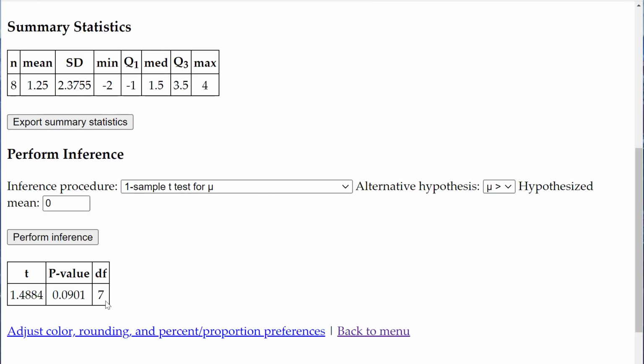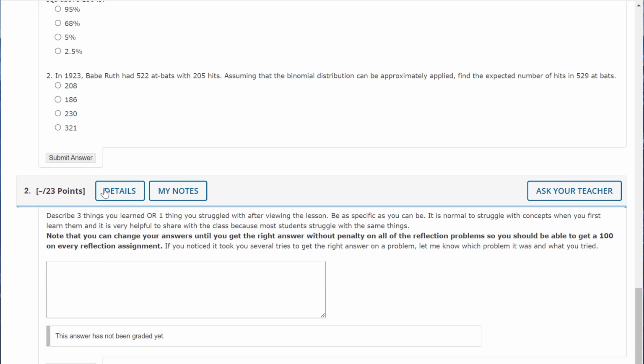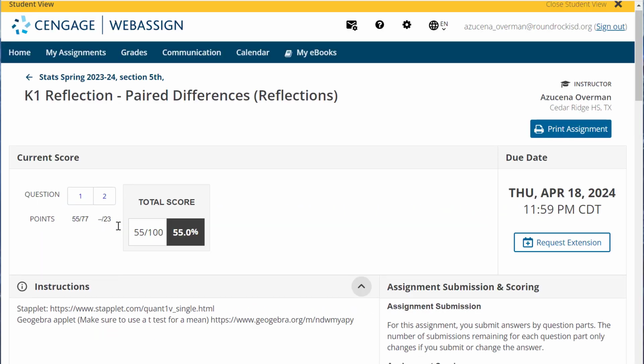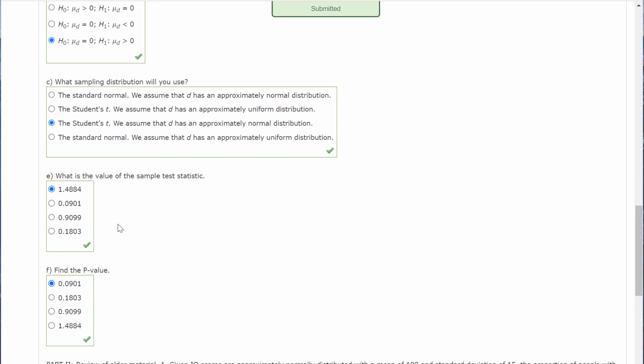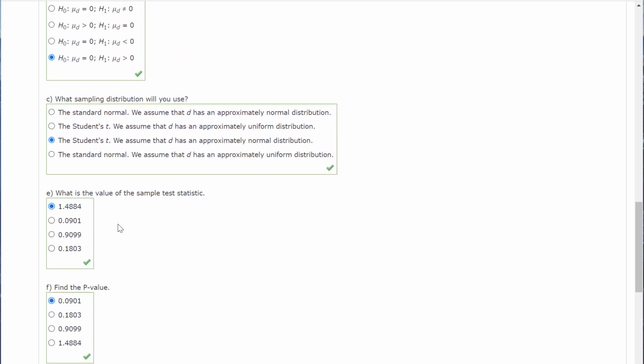Then the p-value is 0.0901. There it is. So let's go ahead and hit submit, make sure. And voila, that's it. If I had to come to a conclusion, I'd say the p-value is not that low, not that impressive. We probably think the fertilizer is not that great.